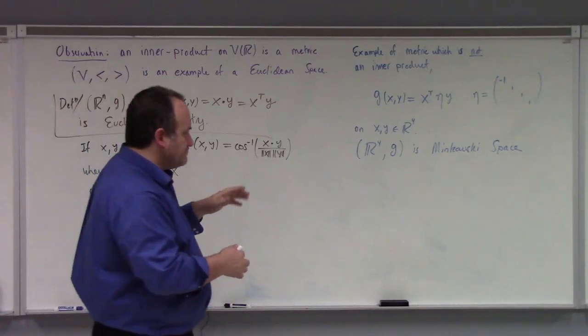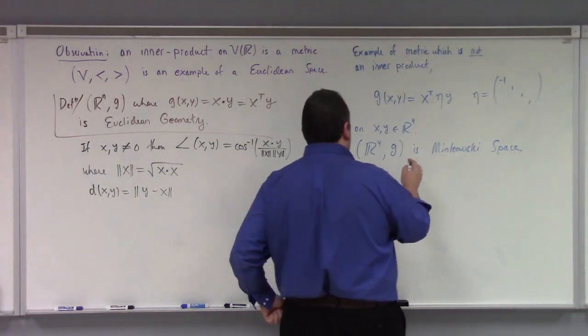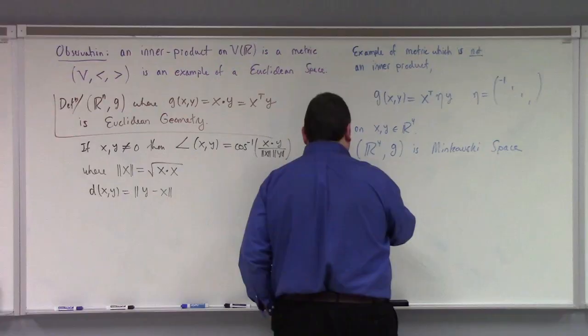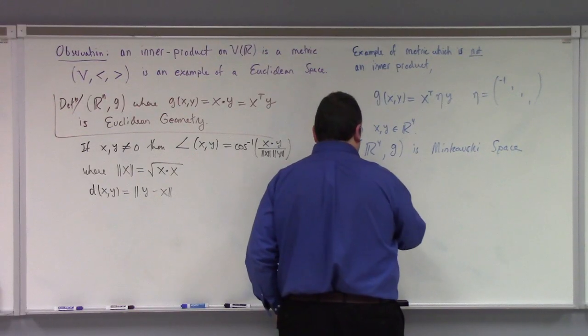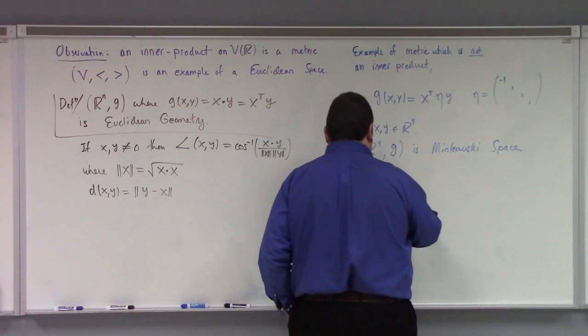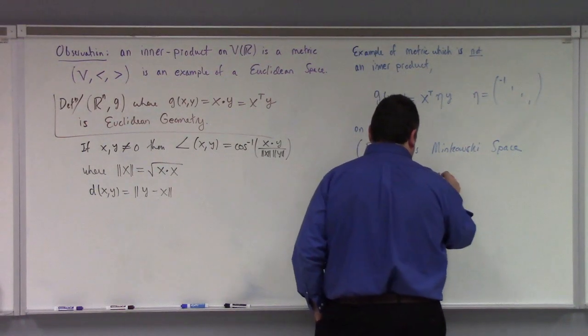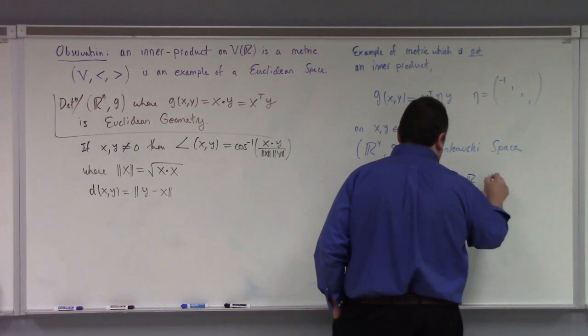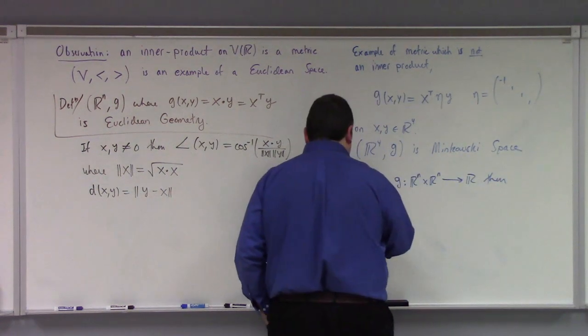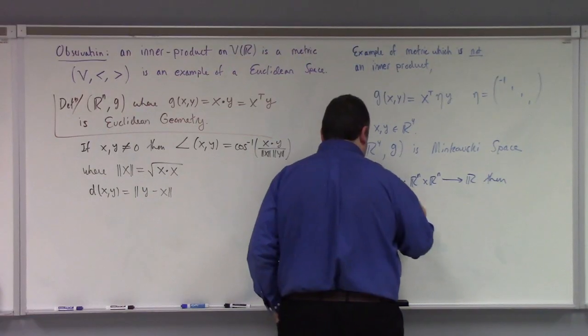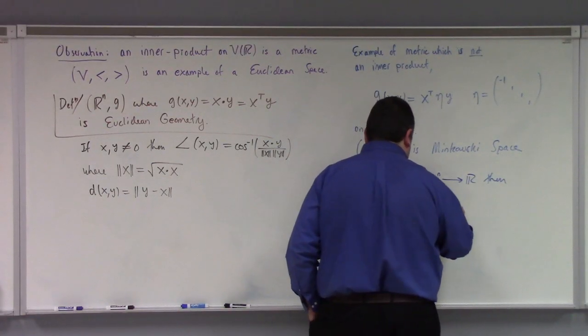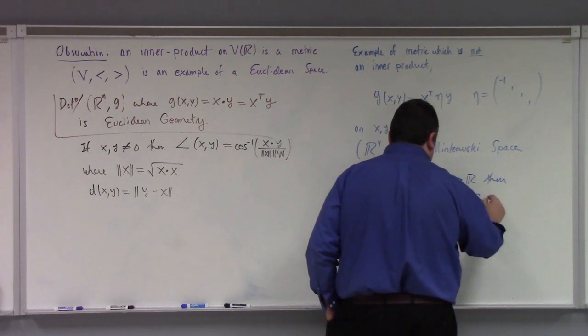So why is this a metric? I mean, first of all, a little lemma. If we have G, a mapping from Rn cross Rn to R, then there exists a big G such that G of x, y is equal to x transpose big G y, right?